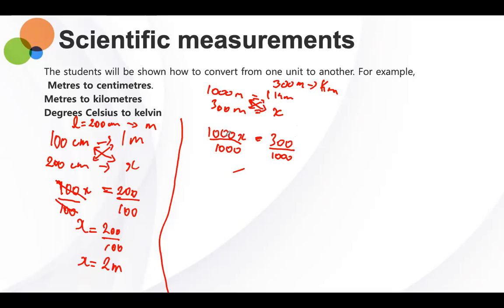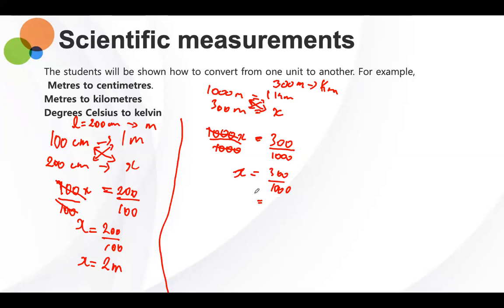You could divide both sides, right? So you cross this out and you cross this out. You'll be left with x equal to 300 over 1,000.